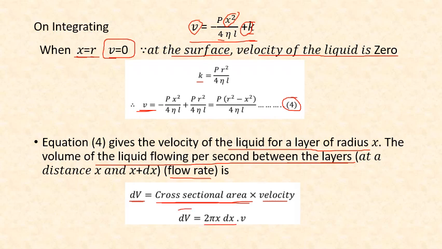So dv, which is the volume flowing through the layers between x and x plus dx, is given by 2 pi x into dx into velocity. Now, if we integrate dv between 0 to r, that is throughout the radius of the capillary tube, you get the total volume of the liquid flowing through the capillary tube.